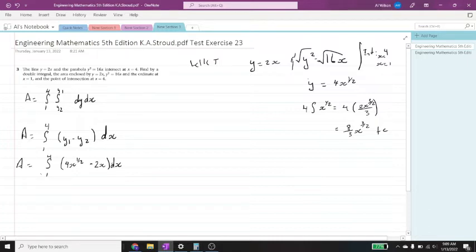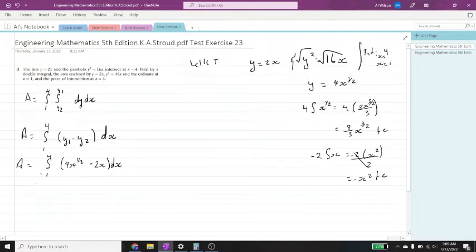Next we have minus 2, and we're integrating x, so we have minus 2 of x squared divided by 2, which gives me minus x squared plus c. I'm doing it all this way so persons understand clearly what steps I'm taking as I solve the problem.